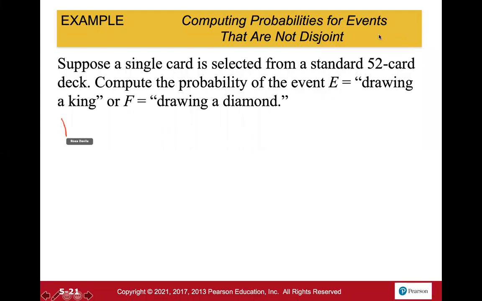All right, again, so probability of king or diamond. So this is a probability of king plus the probability of diamond. But notice that the king of diamonds is being counted twice, so we have to subtract at least one of them. So probability of king and diamond.